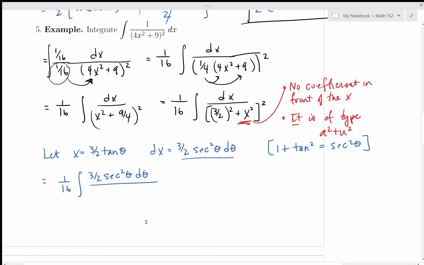The denominator will be, let me think here. x is 3/2 tan theta. So I have here 3/2 squared plus x squared. That's going to be 3/2 tan theta squared, and there's a square there. Okay, I've got to then factor out this 3/2 here. Okay, maybe put a color here.